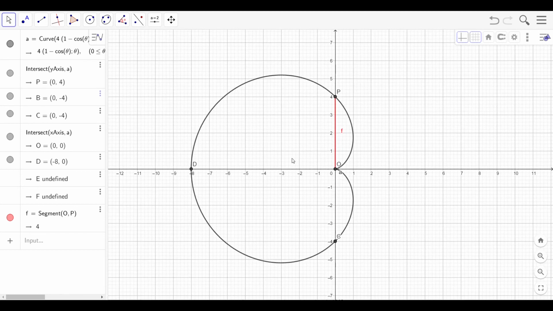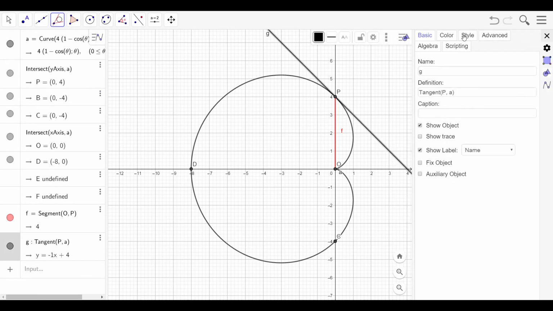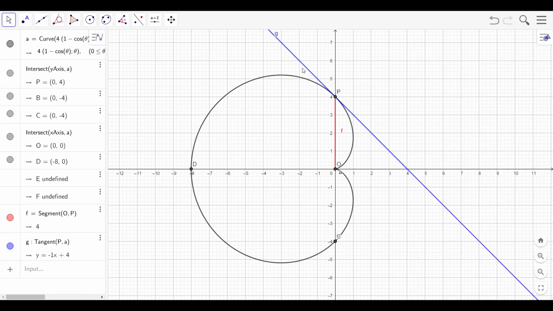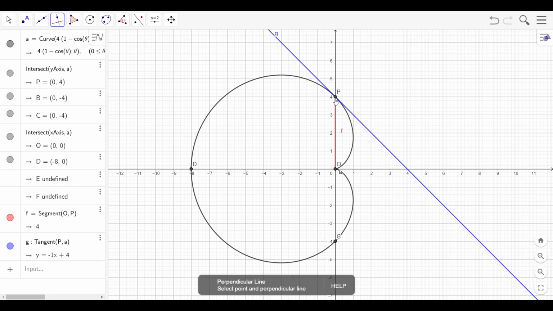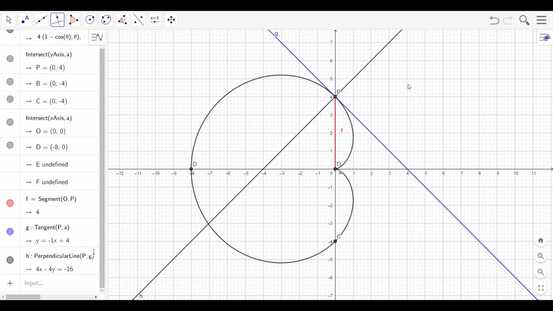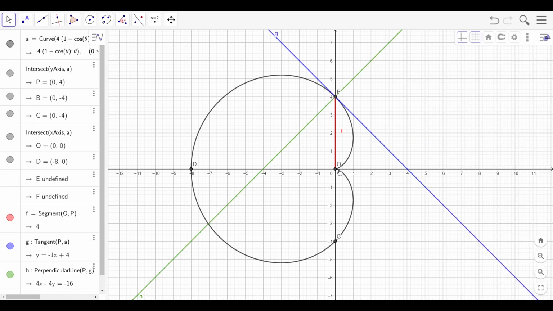Now you draw the tangent at P. So this is the tangent at P, and you may draw the normal at P. So this is the normal at P. Now you consider the line passing through the pole perpendicular to the radius vector OP.